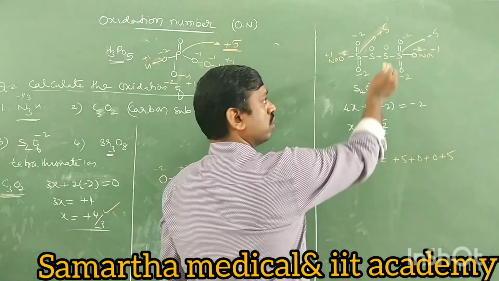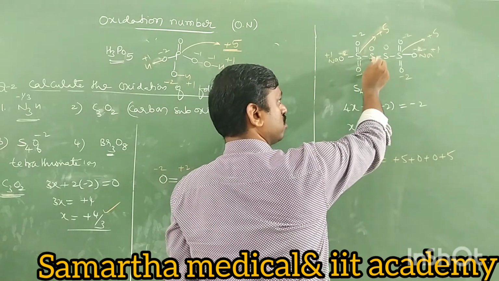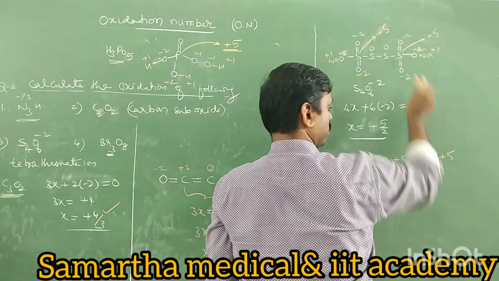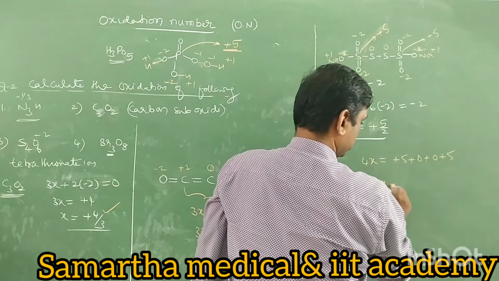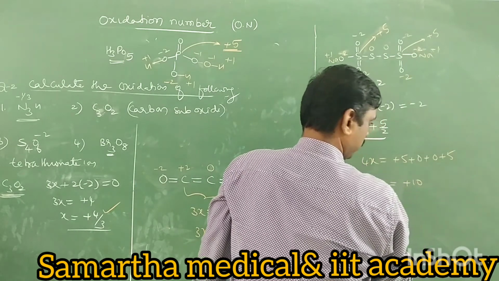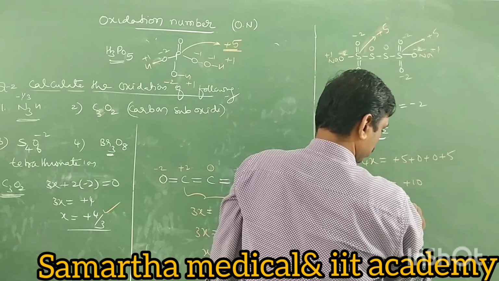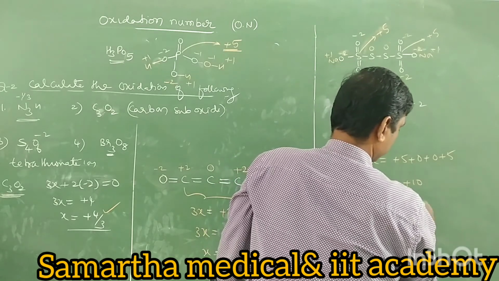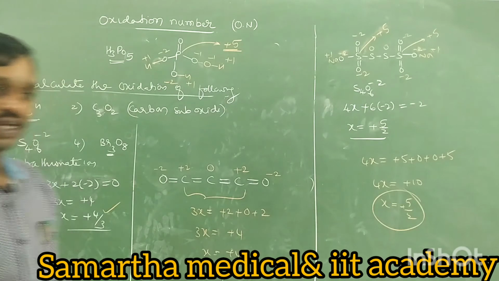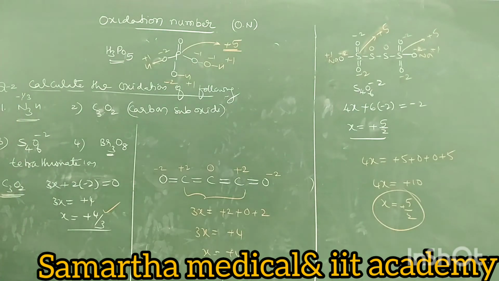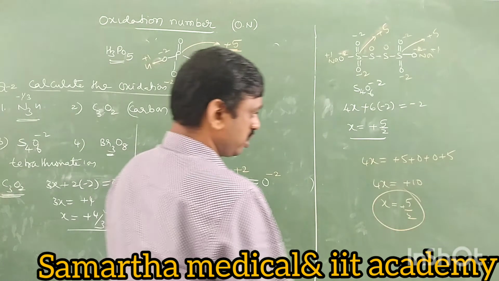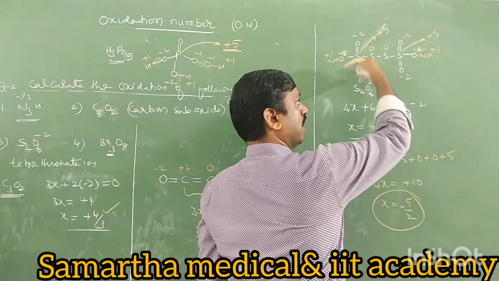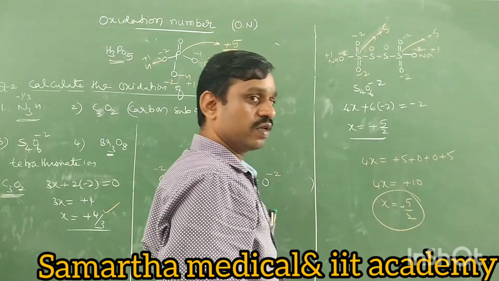One sulfur is plus 5, then 0, 0, and plus 5. Then 4x equals plus 10, so x equals plus 5 by 2. It means the fractional oxidation state of an element is because of this average value.